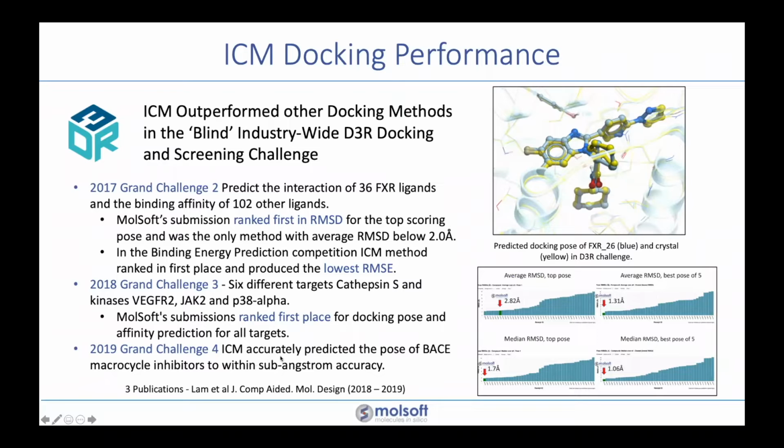So it was an interesting test, and ICM accurately predicted the pose of the macrocycles in this challenge as well. You can read these publications online. I can send you these papers, basically by Polo Lam at MolSoft and Ruben and Max Totrov.